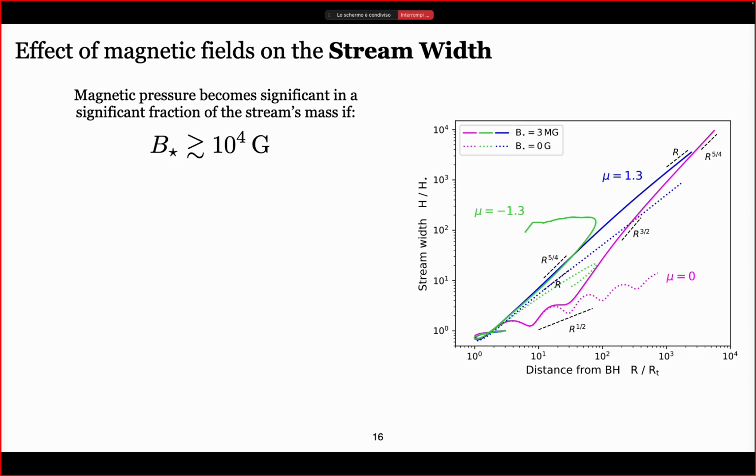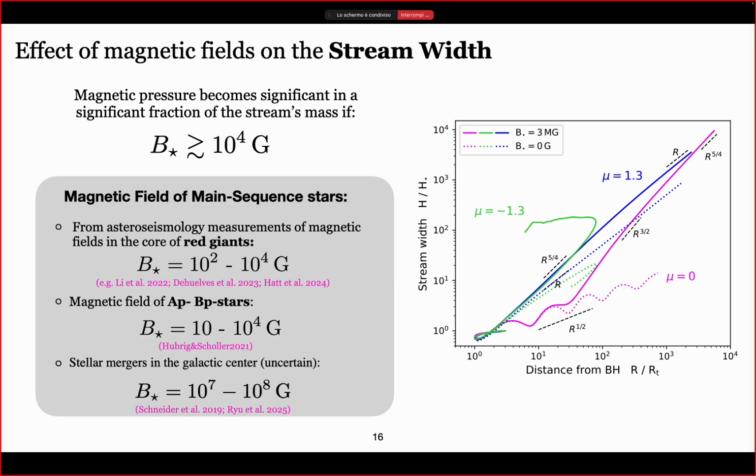So what are the magnetic fields in stars? This is quite uncertain. In particular, we are interested in the magnetic field in the core of stars. This is uncertain, but recently there have been some studies which constrain the magnetic field in the core of stars through asteroseismology measurements.